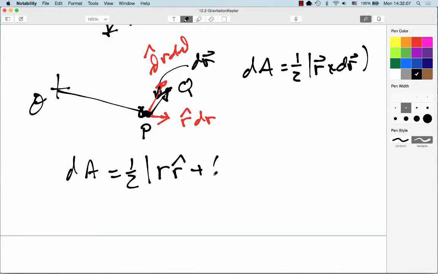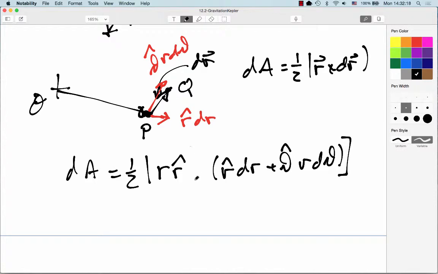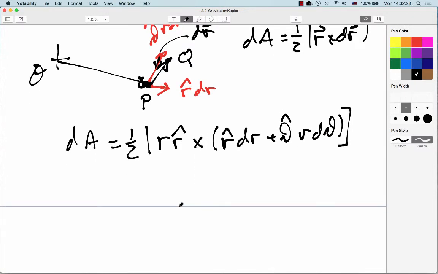And then dr, we worked out, is r hat dr plus theta hat r d theta. And that's not plus, that's cross. All right, much better. Well, we can evaluate this. We're going to get an r hat cross r hat. That's the null vector. So we're left with an r hat cross theta hat. That's going to be z hat, but it doesn't matter. We're taking the magnitude anyway.